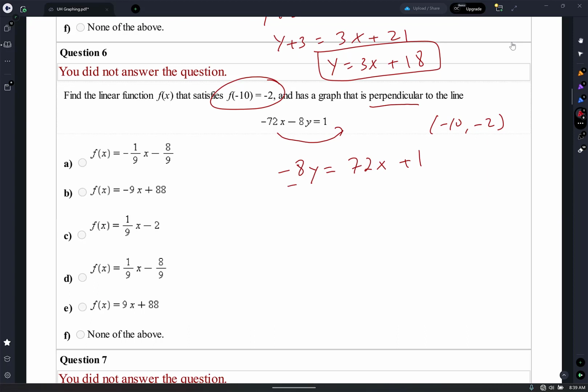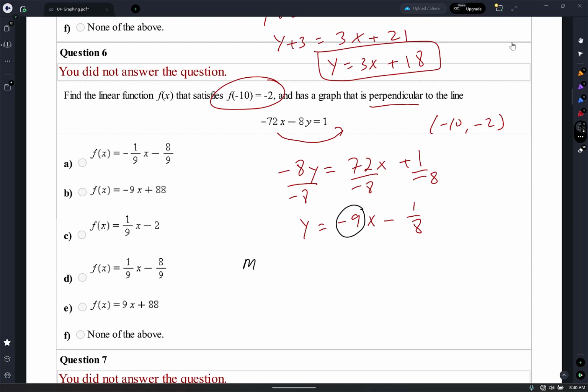So I'm going to divide everything here by negative 8, negative 8, negative 8. And all you care about, let's see, what's that, negative 9 here? All you care about is opposite reciprocal. So this is my slope. What is the opposite reciprocal of negative 9?